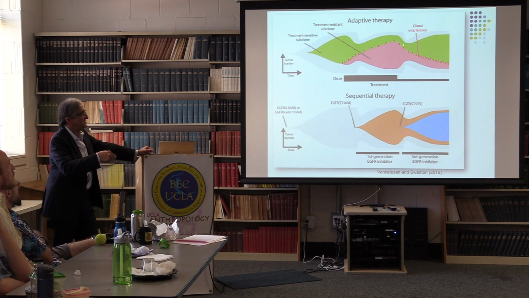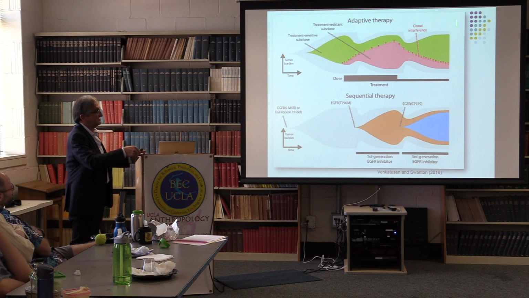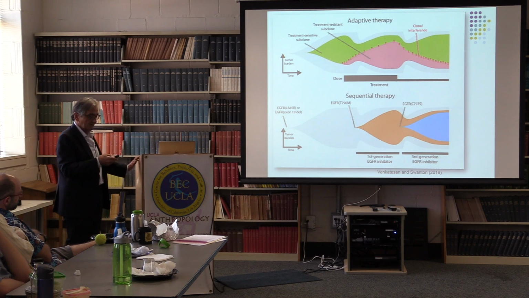So once you get to this point, you stop, believing that there's going to be clonal interference and the resistant subclone has some sort of disadvantage to the sensitive subclone. You keep treating up and down, but you still end up with a large population of cancer cells here. The approach I showed you with single drugs in sequence gets you basically to the same place. You shrink one population and another one expands.